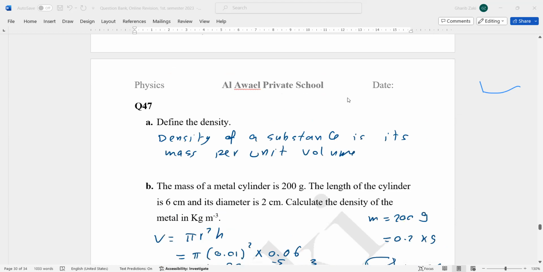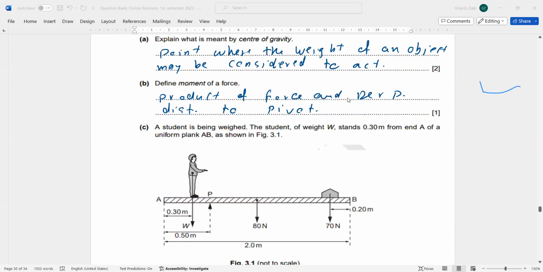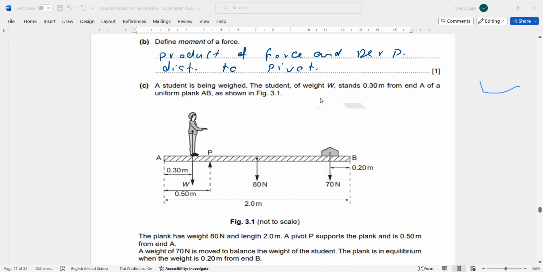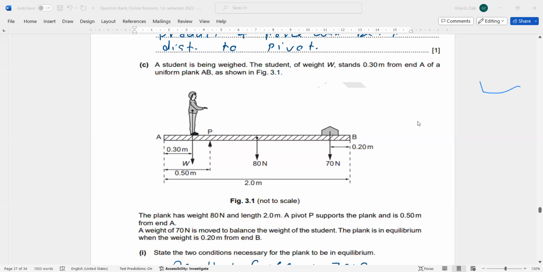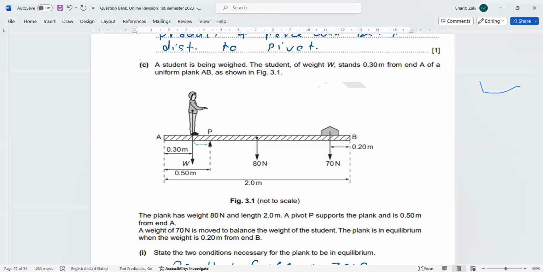Question number 44, I solved it in the class. I said again, you just have to get the distance from the pivot. This is the trick of this question. For example, here, this is 0.5 and the total is 0.3, so 0.5 minus 0.3. And this is 2 meters.